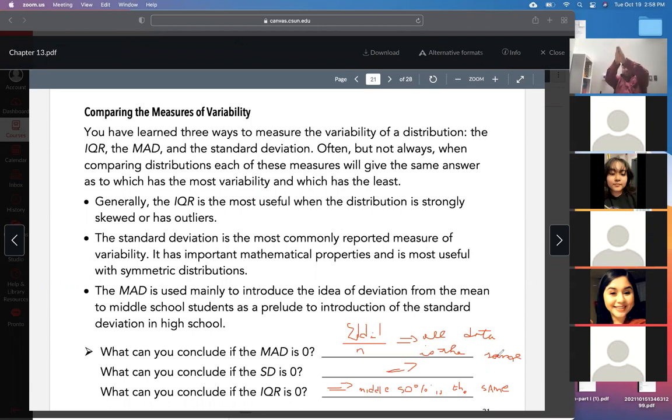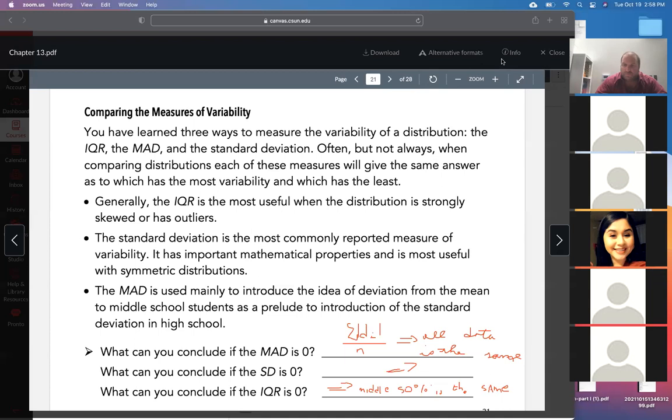If Q1 and Q3 are equal, all of that 50% collapses to one data point. But I can still have less than that on the left and more than that on the right. But at least the middle 50% is the same. Make sense?